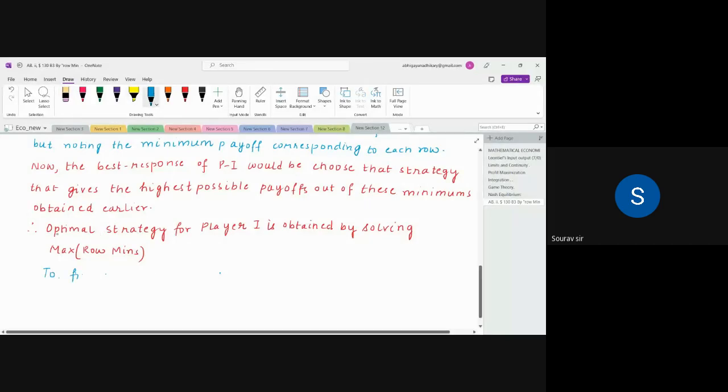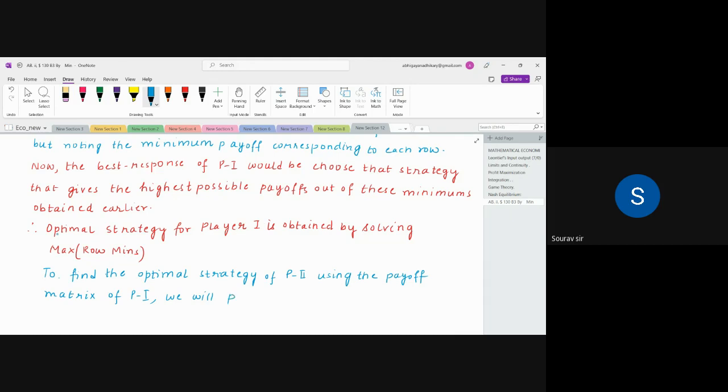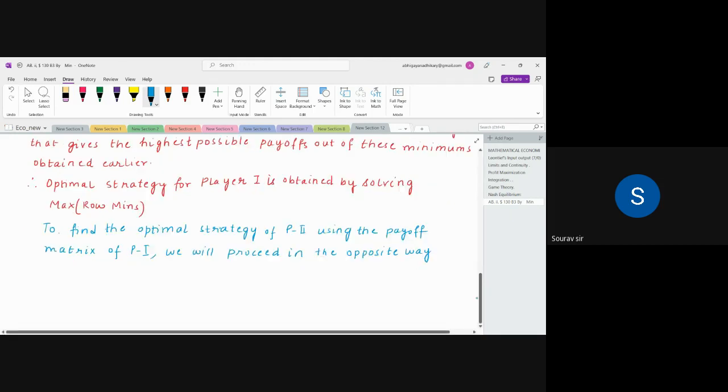To find the optimal strategy of player 2 using the payoff matrix of player 1, we will proceed in the opposite way as compared to that of player 1.